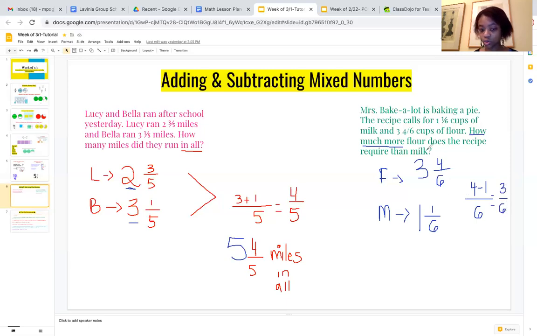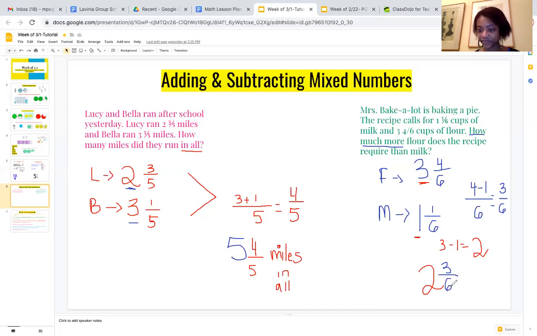And then we have the whole numbers, 3 minus 1, which equals 2. So our final answer here is 2 wholes and 3/6, which is the same as a half.